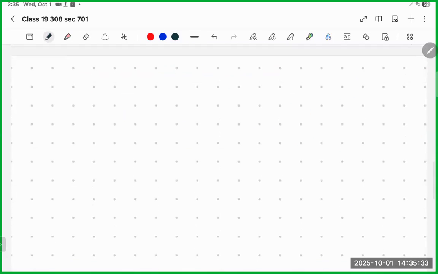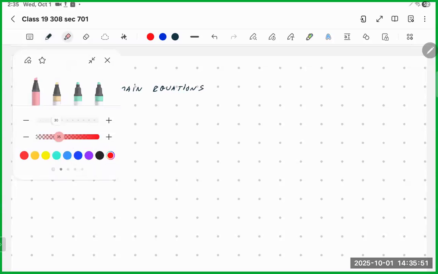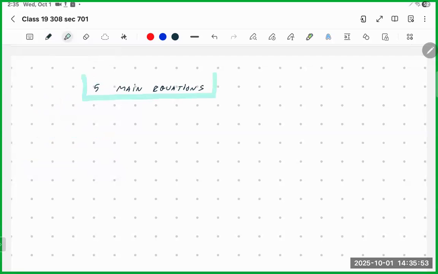So before we get into DAD, dynamic aggregate demand, and DAS, dynamic aggregate supply, today we're going to talk about 5 main equations that we're going to use in this chapter.